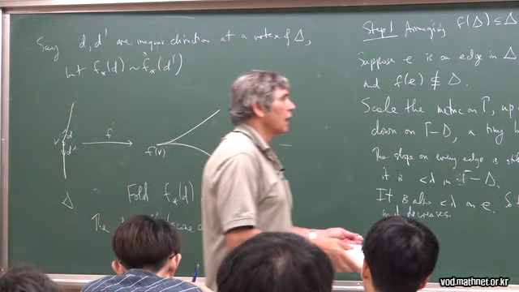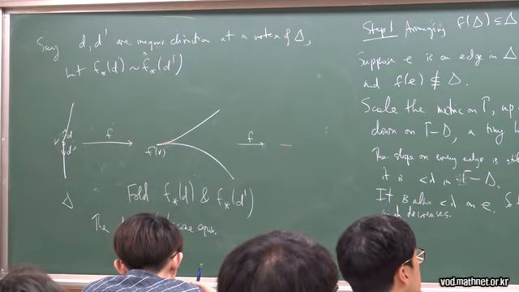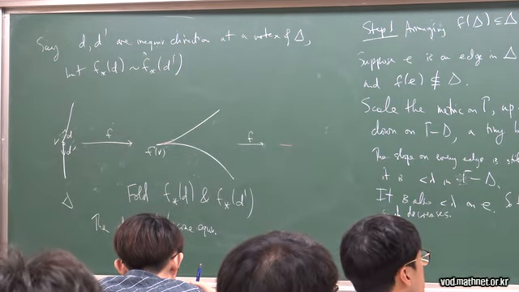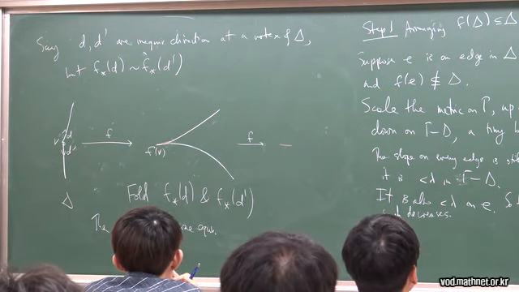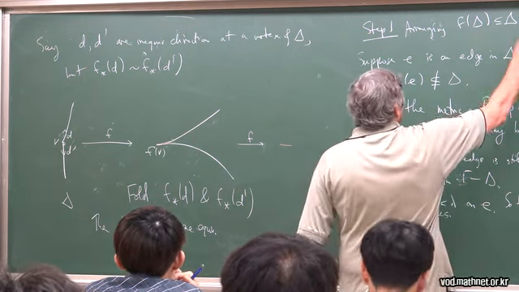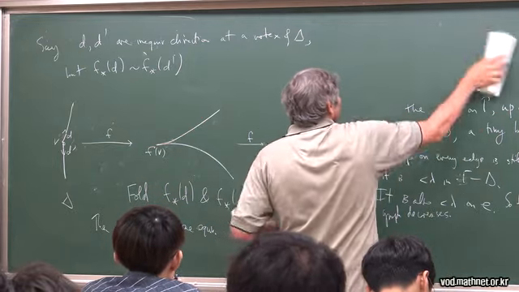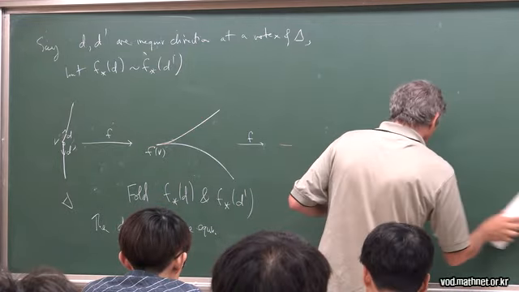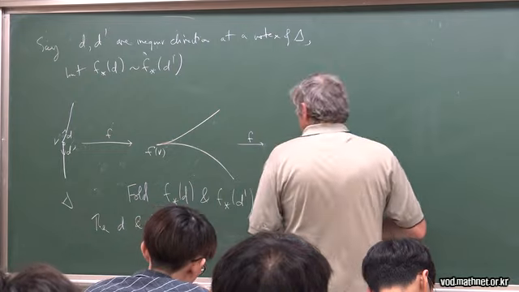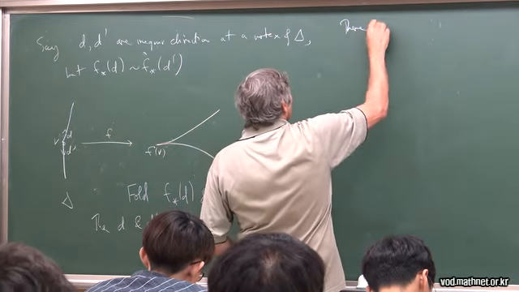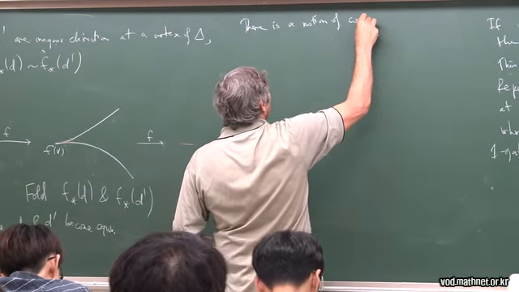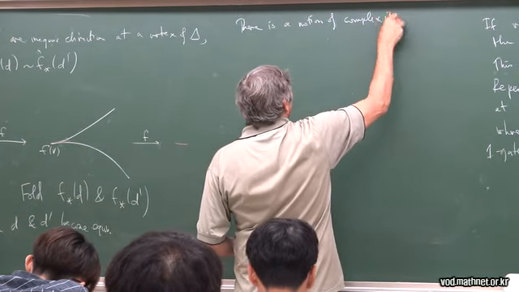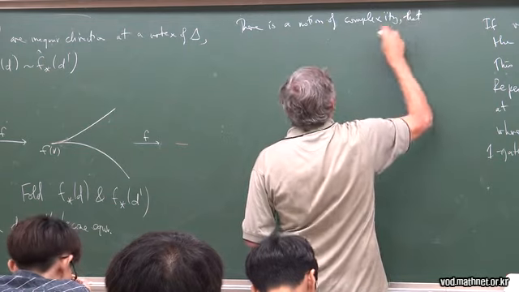Or actually, an elegant way to say the proof is to say, well, find an object with minimal complexity and argue that it's good, and maybe you like the proof better that way. Okay, so the point is there is a notion of complexity that always decreases.